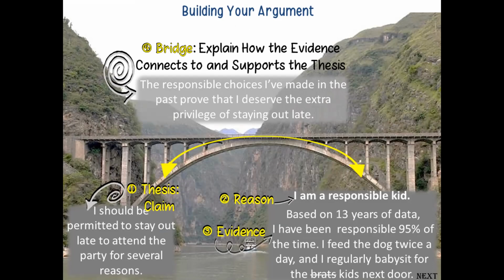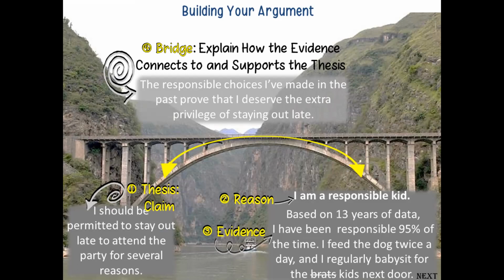Remember, if we go in number order to help you walk through your notes, you've got your thesis or your claim. He states his thesis: I should be permitted to stay out late to attend the party for several reasons. Number two, reason: I'm a responsible kid. Here's his evidence: based on 13 years of data, I've been responsible 95% of the time.